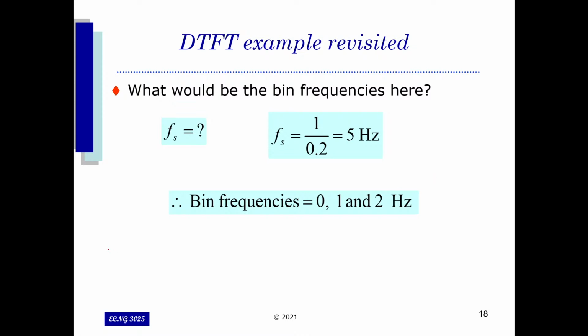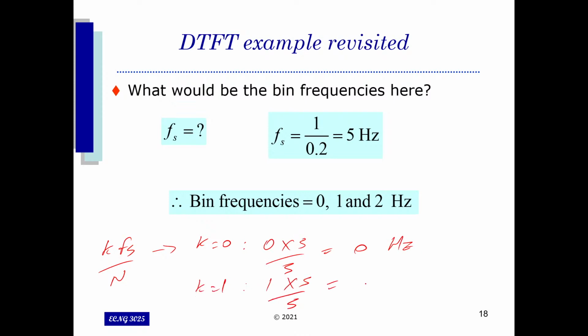So remember the bin frequencies here are just going to be k f_s divided by N. So in our case, if k is equal to 0, that's just going to be 0 by 5 divided by 5 is 0 Hz. Then k equals 1, 1 by 5 divided by 5, which gives us 1 Hz, and so forth. And remember the maximum frequency here.